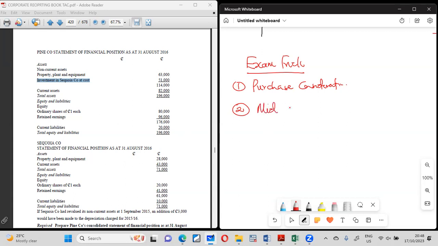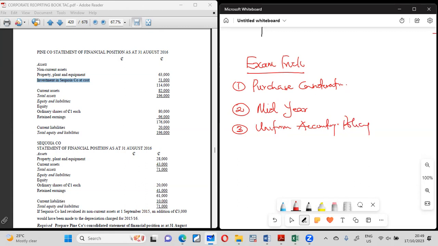So what do you do when it is mid-year? It is purchased somewhere in between the year. We will learn that one too. Trick number 3, which we don't normally see, is what we call the uniform accounting policy. It doesn't happen most of the time in the exam. So what is that about?